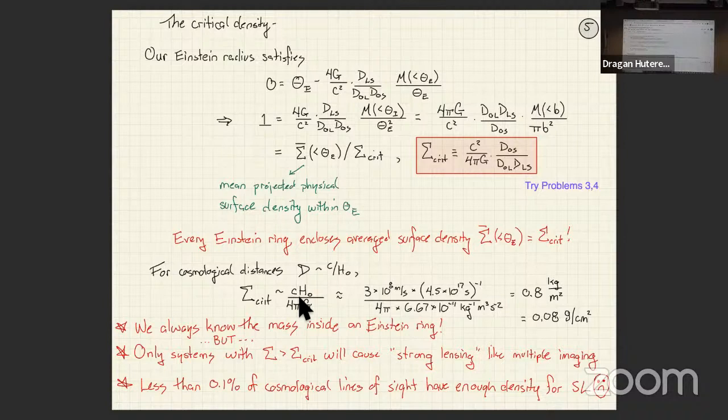And then there's another one called angular diameter distance Z1, Z2 that you'll need if you want to get the distance from the lens to the source. All right, so I'll leave it up so you can see how I did it if you want to look. And let's see if you can come up with a number there.